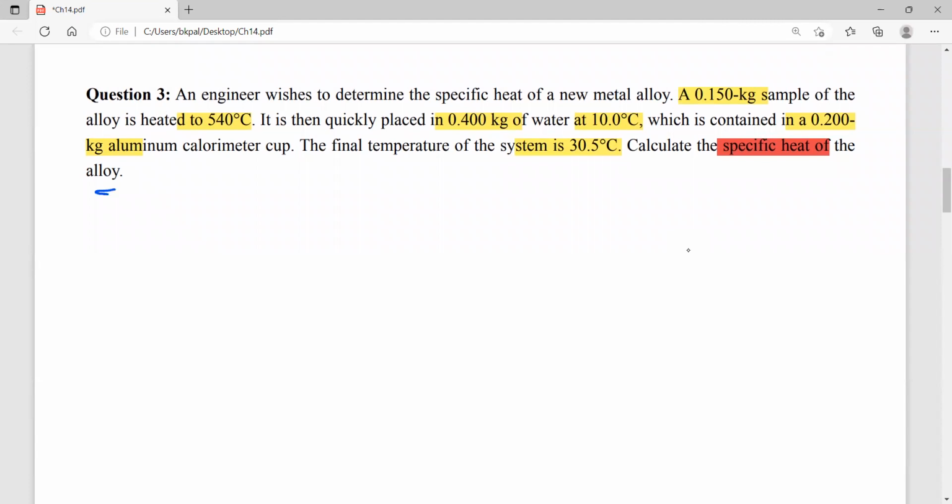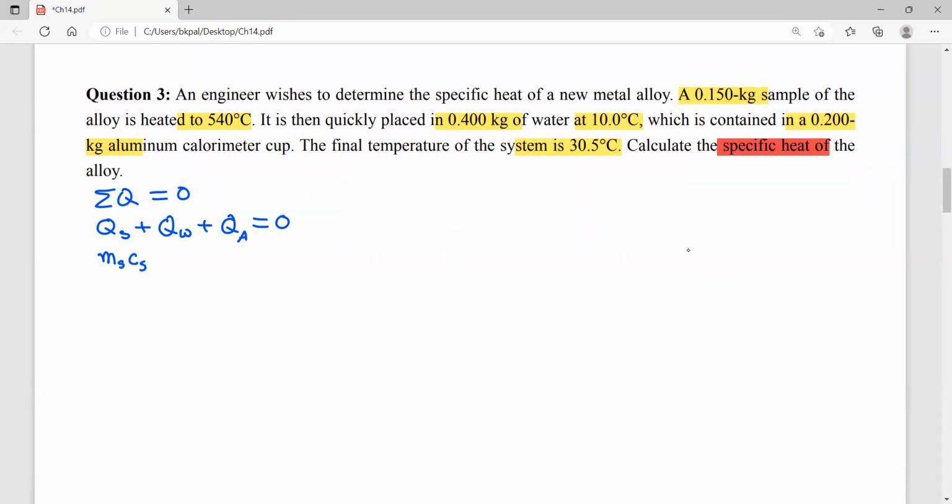Again, let's start from this equation: Q equal to 0, and then we'll have Q sample, and then Q water, and then Q aluminum, that is equal to 0, right? The three terms. Now for the sample, it will be m sample, c sample.